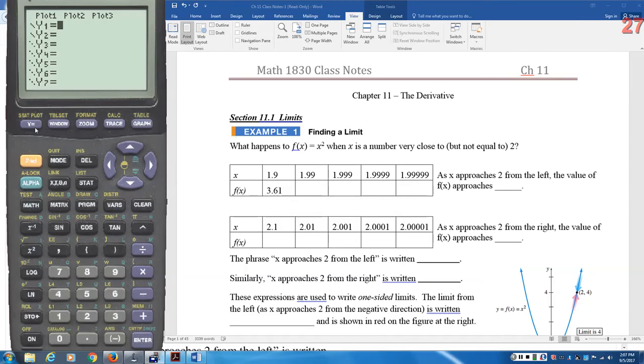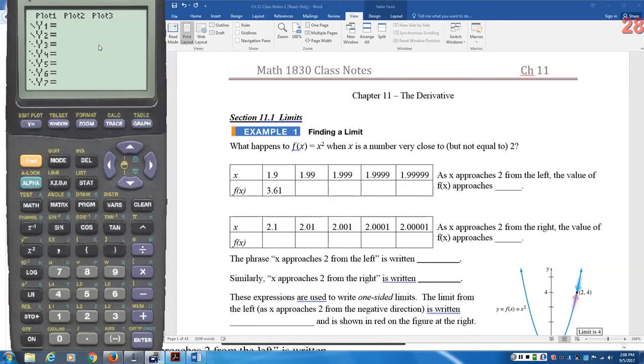When you go back, they're all gone. There's other ways to do it, but what I want you to understand is you're turning those black boxes off. They will cause you problems because your calculator will get confused.